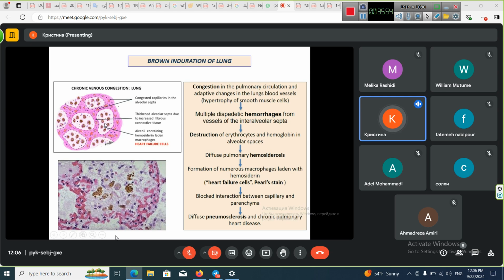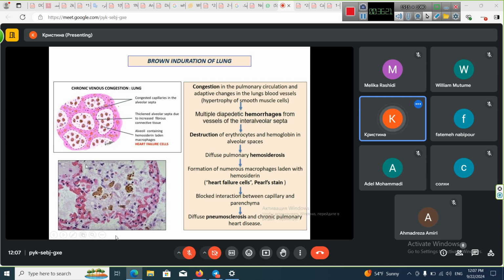And these macrophages are called heart failure cells, because their presence is the mark of heart failure. As you know, the heart failure causes congestion in pulmonary circulation, which causes brown induration of lung. So this disorder is caused by failure of the left part of the heart.